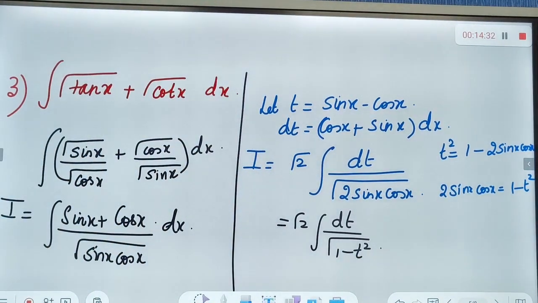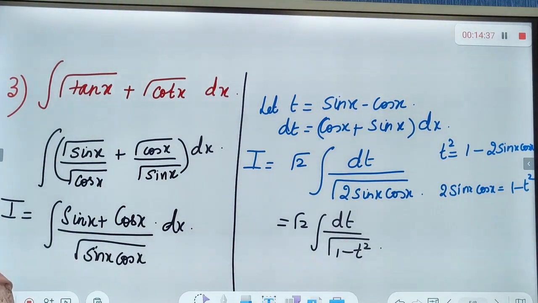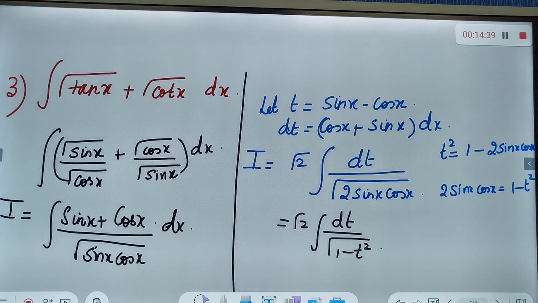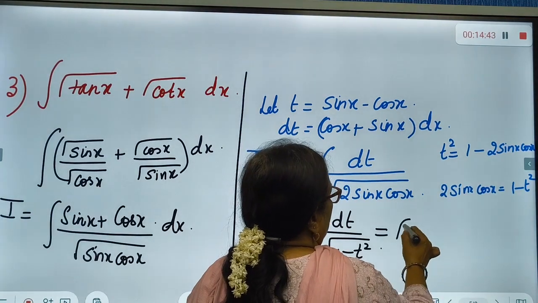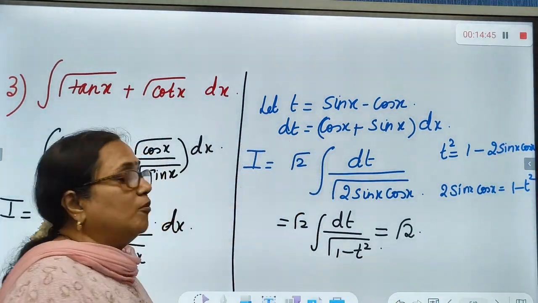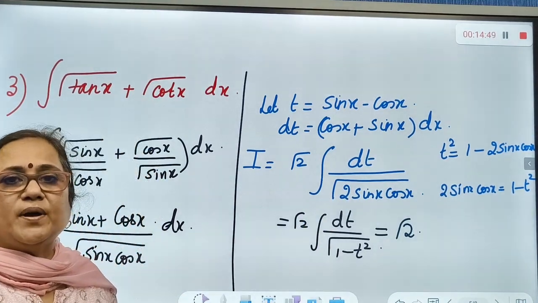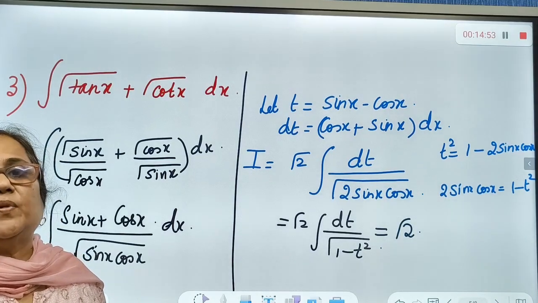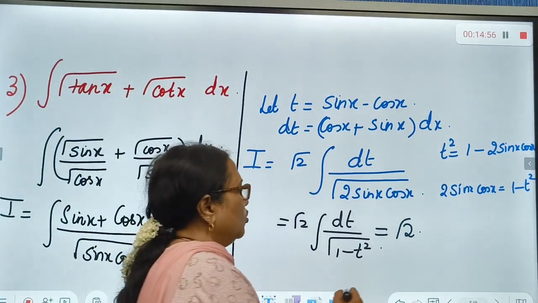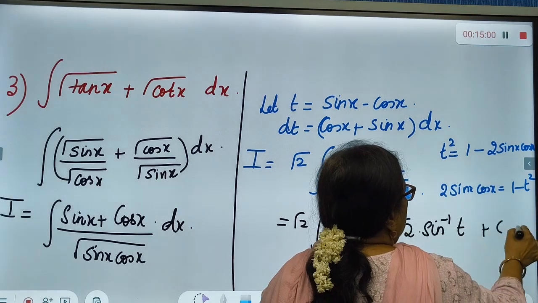This is of the form integral of dx by root of a square minus x square, which is sin inverse x by a plus c. So this is root 2 into, recall the formula, this is of which form? Integral of dx by root of a square minus x square is sin inverse x by a plus c. So root 2 into sin inverse t plus c.